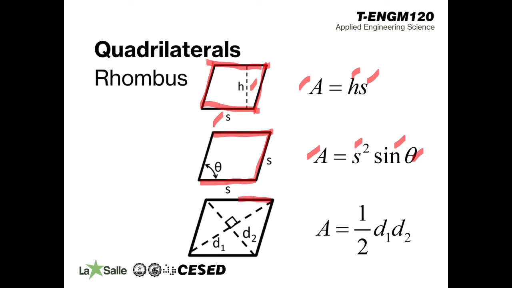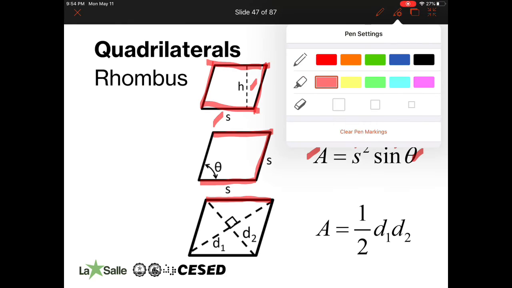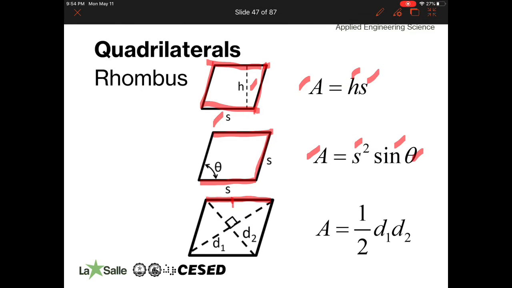And then the last one, what's given is the diagonals. Area equals 1/2 D sub 1 times D sub 2. Take note the diagonals must be perpendicular to each other.